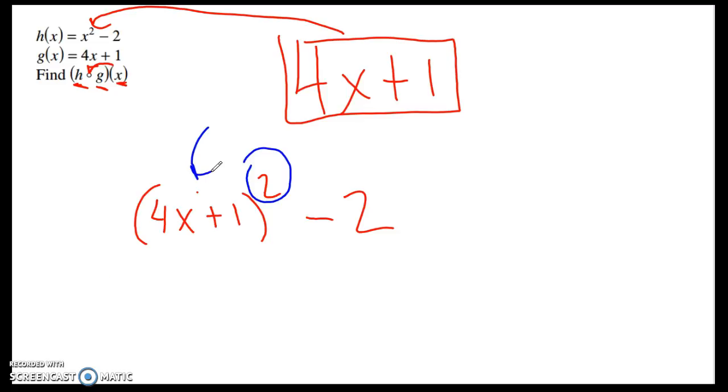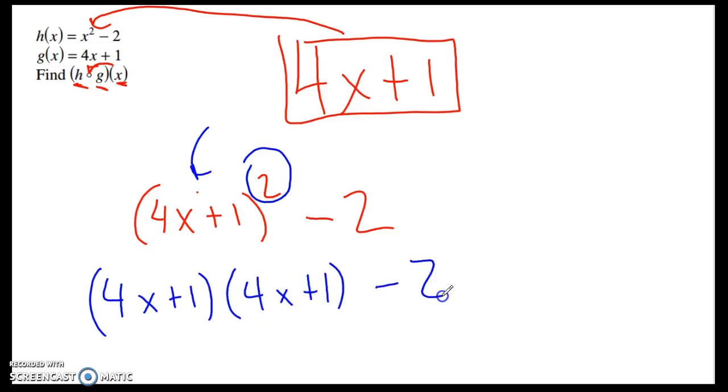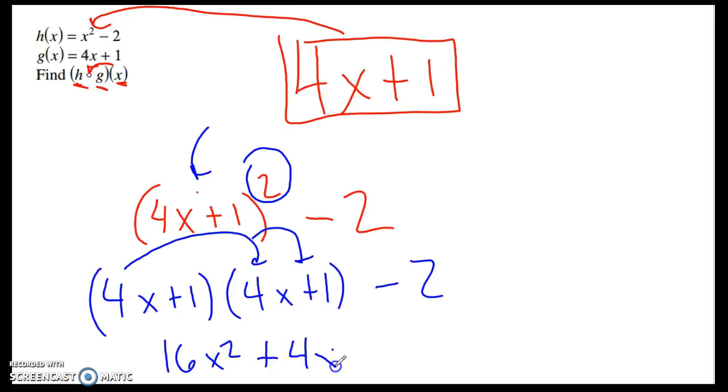So when I write that, I should write (4x plus 1) times (4x plus 1) minus 2. And then what we would see is this double distribute go on. So I'd get 16x squared plus 4x, then we can go the other way, plus 4x plus 1 minus 2.